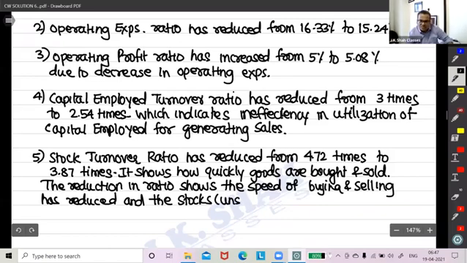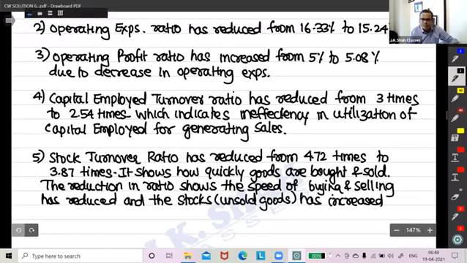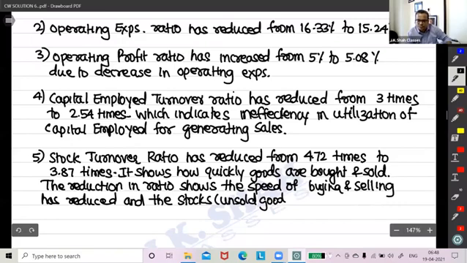and I mean to say, in brackets I'll write unsold goods, as stocks have increased.